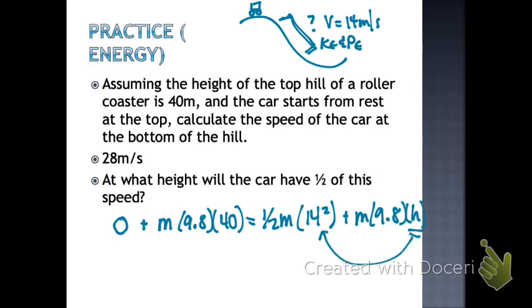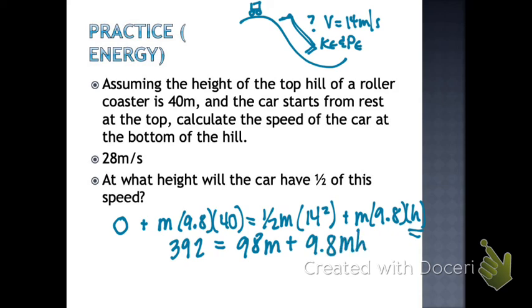So again, your masses are going to end up canceling. So you can do that earlier if you want. But you can leave them in there if you prefer to. It doesn't really make a difference. So 392. So I left my m's.